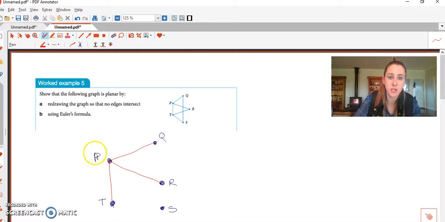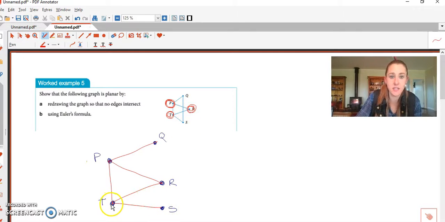Okay, so I've done my P vertex. Moving on to T. T again goes back to P, T then goes to R, and T also goes to S. So that's my degree 3 vertex T. R is only degree 2, it goes to P and to T, so I've got R done.